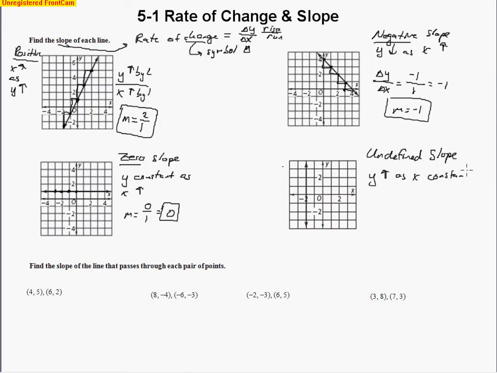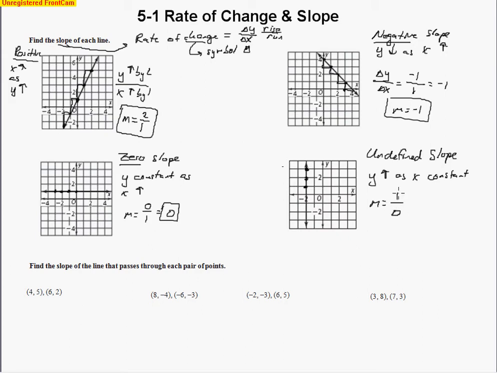The x values are not changing, but the y values are. So that would look like this. You go up 1, but you do not go over. And so that slope would be represented as 1 over 0.